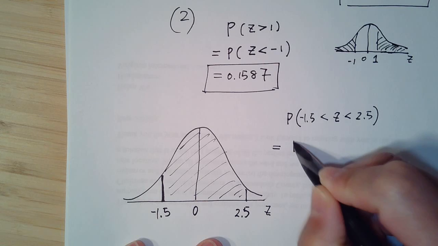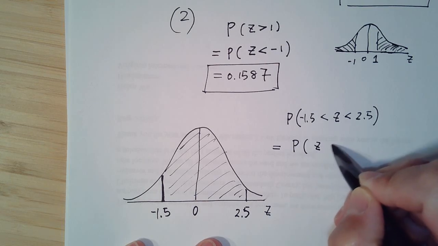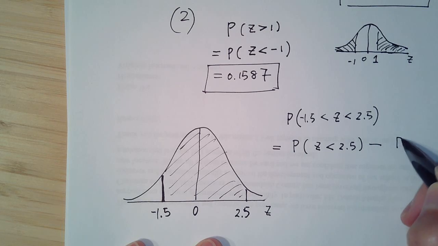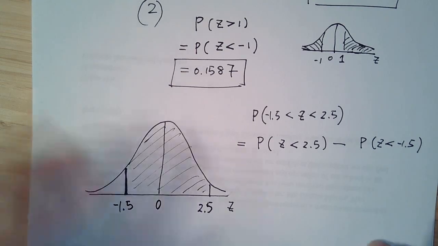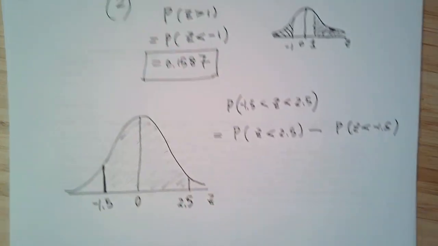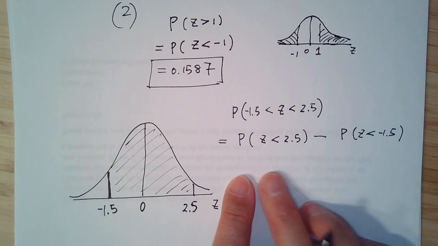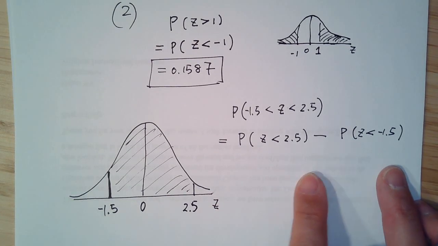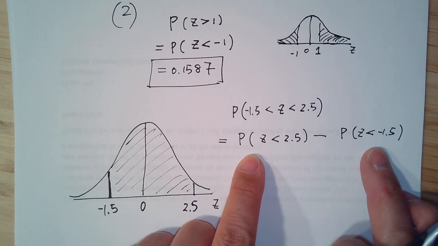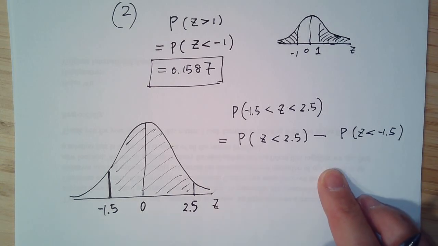So that will be the probability that z is less than 2.5 minus the probability that z is less than negative 1.5. So you just need to look at the table twice, find these numbers, and subtract.